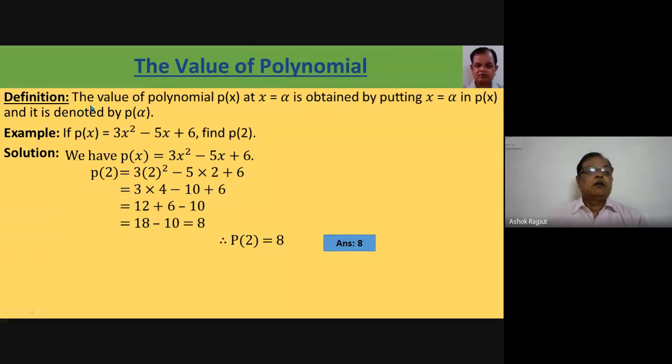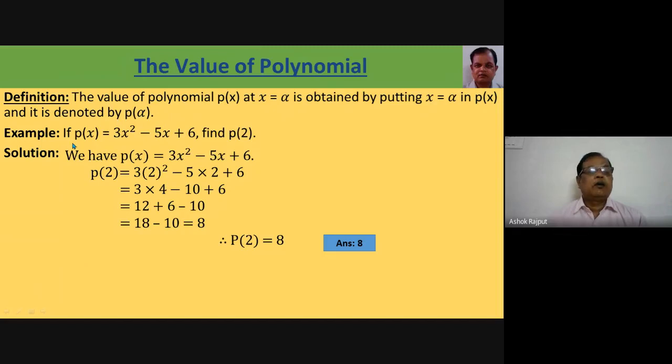First we define it: the value of polynomial p(x) at x equal to alpha is obtained by putting x equal to alpha in p(x) and it is denoted by p(alpha). First we write the p(x), then we put alpha in place of x, and after solving, the value we get will be p(alpha).